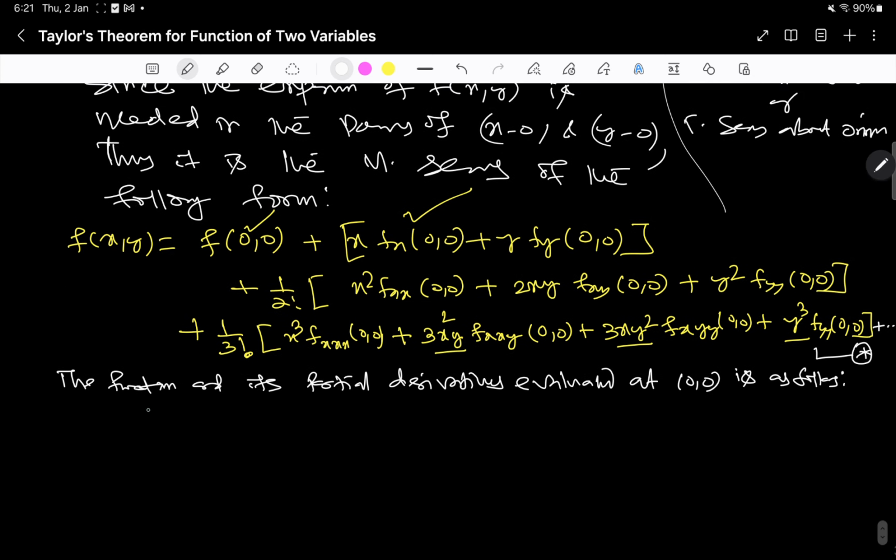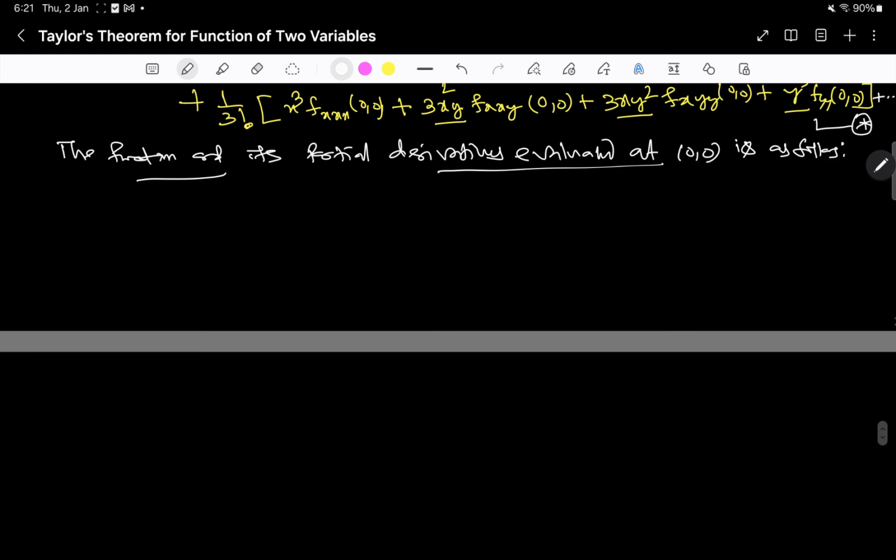So now the function and its derivatives are evaluated at the origin. What is my f(x,y)? It is e^x log(1+y). At the origin, putting x=0 and y=0, it is e^0 times log 1, which is 0.